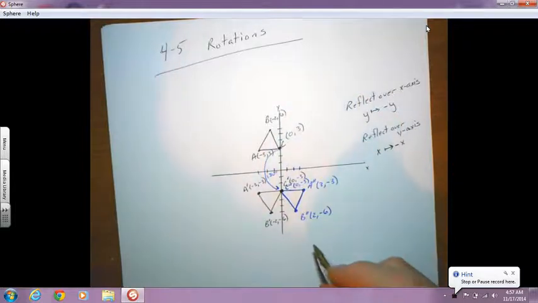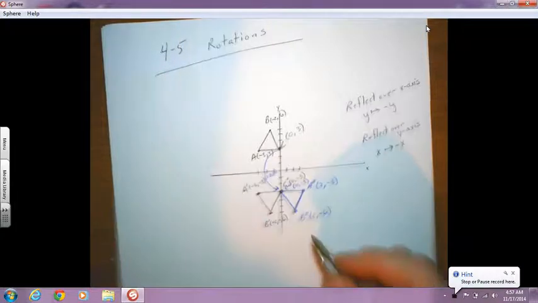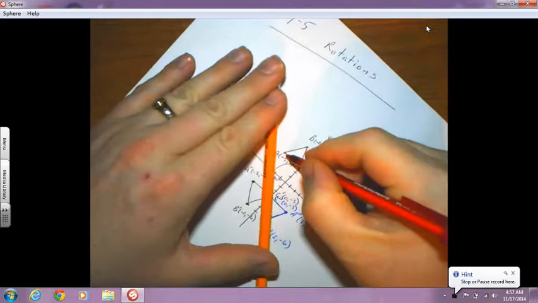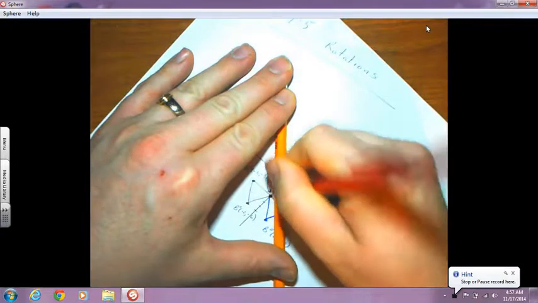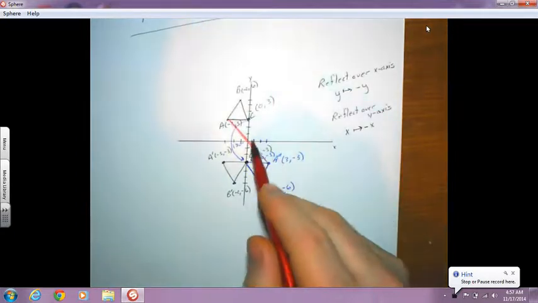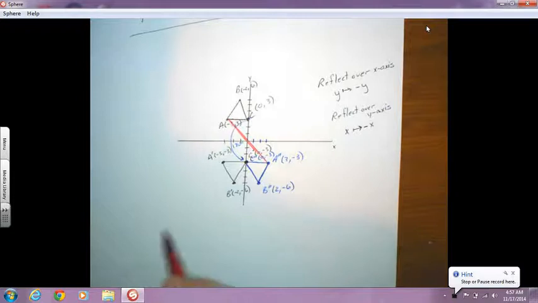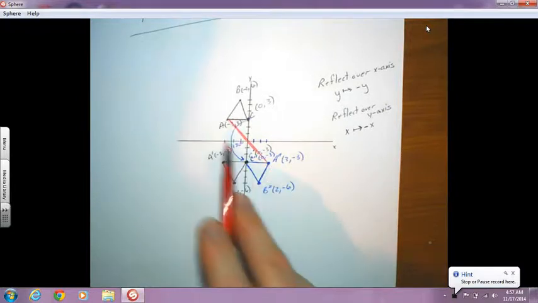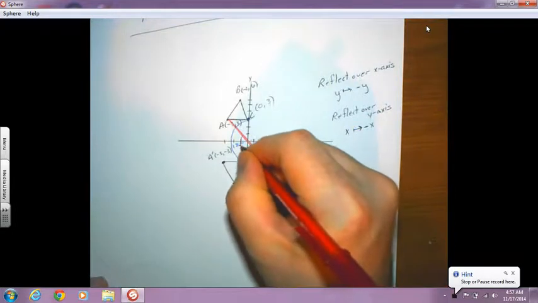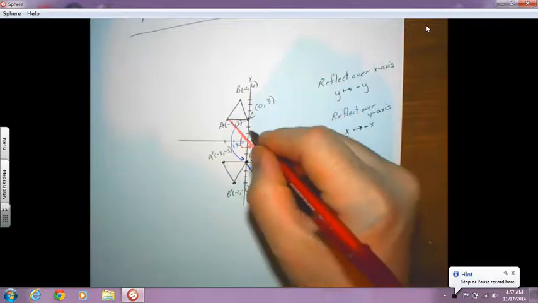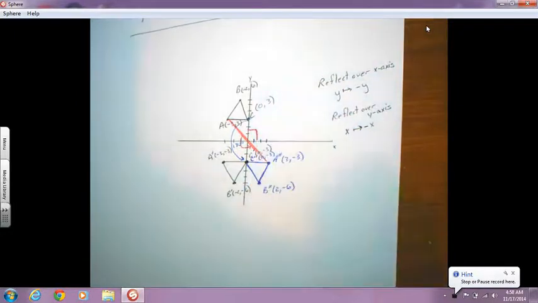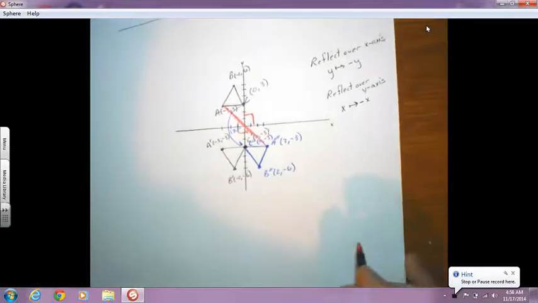And if we do the same thing with point A to point A double prime, you would see that we have a line that goes through the origin, or the intersection of these two lines that we reflected over, and it happens to also be a 180 degree rotation for point A. So we've rotated 180 degrees, and the reason it turned out to be 180 degrees is because this was a 90 degree angle.